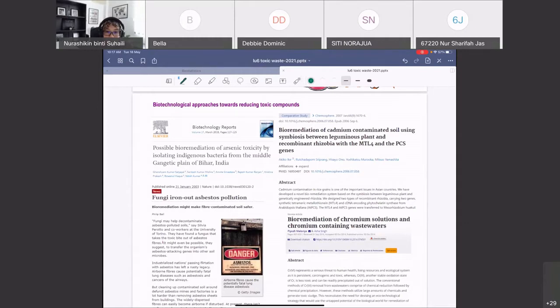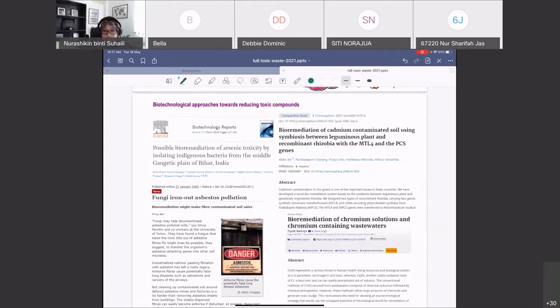Arsenic toxicity, bioremediation: it can be tackled by using bacteria, indigenous bacteria isolated from the middle Gangetic plain of Bihar, India. These researchers isolated samples from the river, and they found that there are bacteria that can degrade arsenic. We know that arsenic is a toxic compound, isn't it?